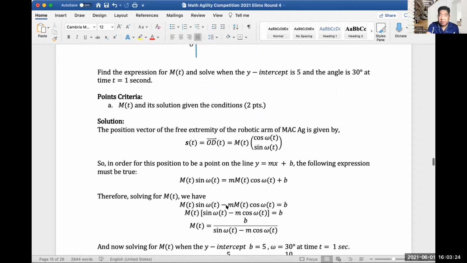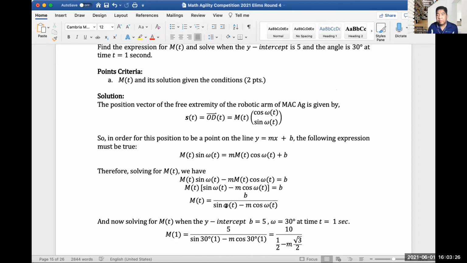First, the position vector of the free extremity of the robotic arm of Mac AG is given by S of t. So the segment OD of t equals m of t multiplied by, this is actually your x component and y component, right? Cosine omega t, sine omega t. So let's see the drawing first.